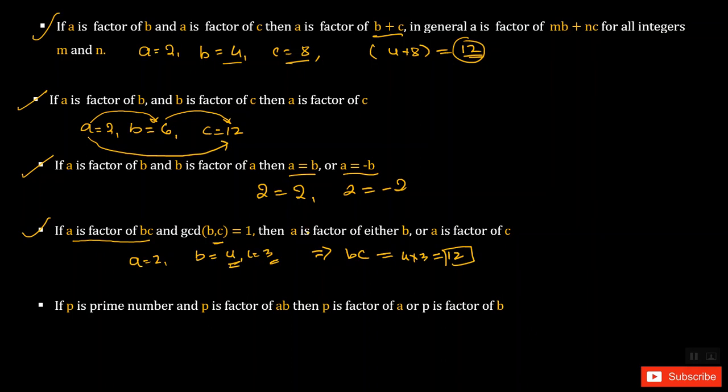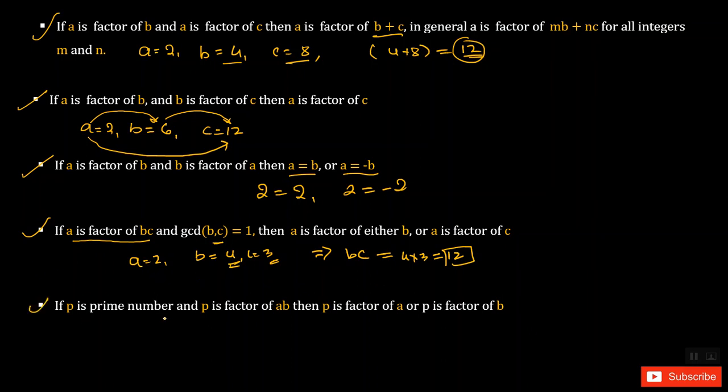That is the reason we say the greatest common divisor of these numbers is 1: there is only one number which can divide 4 and 3 at the same time, that is 1. 4 and 3 are not divisible by a single number apart from 1, and that is why we say the greatest common factor of 4 and 3 is 1. So in this case A has to be a factor of either B or C. So this is how we represent it.